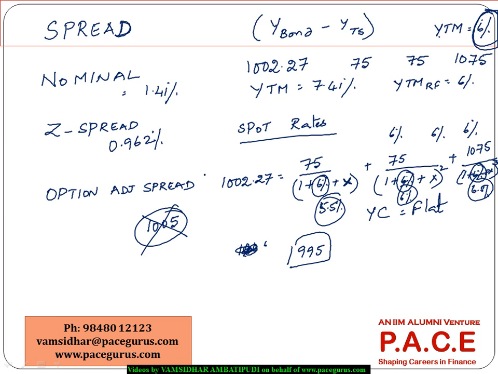We need to be comfortable with the mechanism of computation of all these three models of spread. The nominal is very easy to compute, whereas the zero volatility is slightly difficult to compute because we have to arrive at the spot rates from the bond rates, and then for each level of spot rate we are adding up the spread.